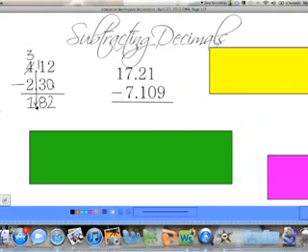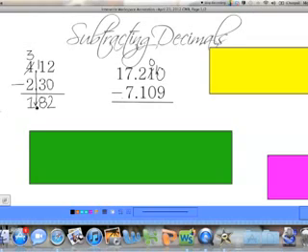Let's look at a second example here with slightly larger numbers. In our first example, we had to use a 0 placeholder in our bottom decimal. We could also use a 0 placeholder in our top decimal. It just means that when we go to do 0 minus 9, we're going to have to end up borrowing.